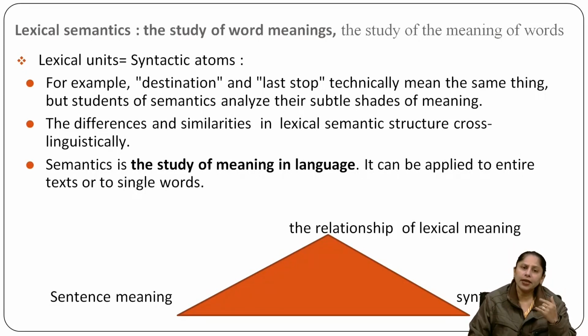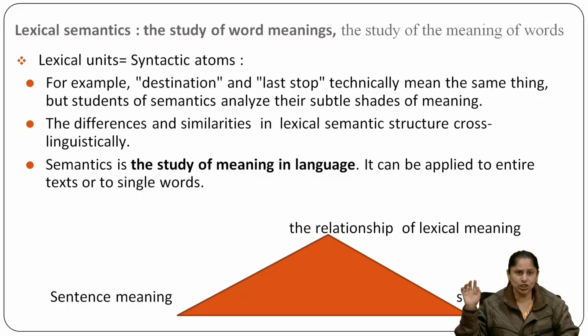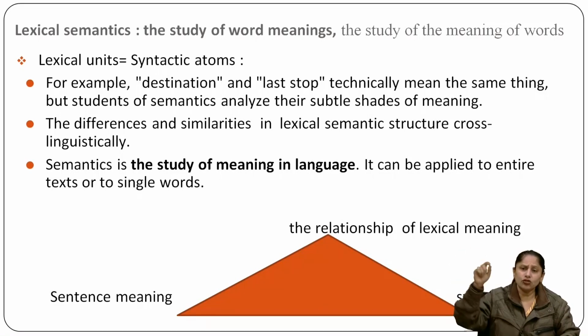For example, here there is an example which is mentioned over here, destination and last stop. Technically, it means that destination means the last stop, but students of semantics analyze their subtle shades of meaning. The last stop would be taken as the last destination, and the destination would be also known or named as the place where one has to reach.